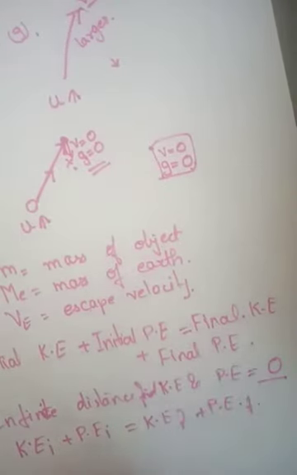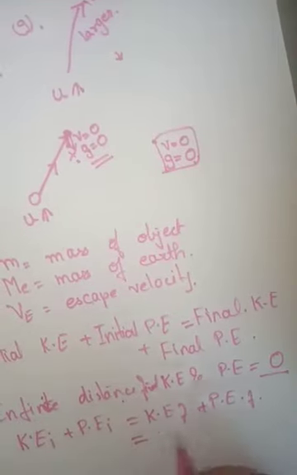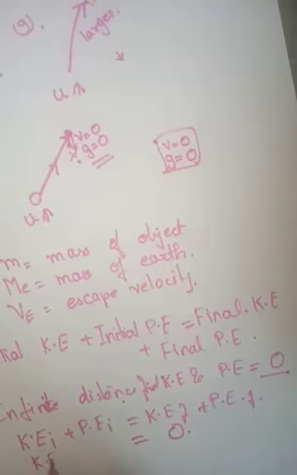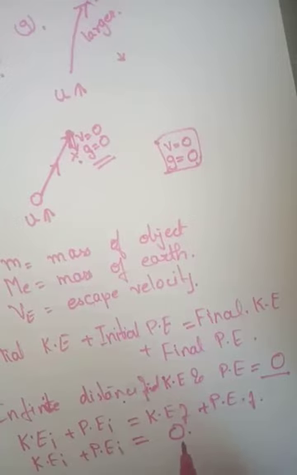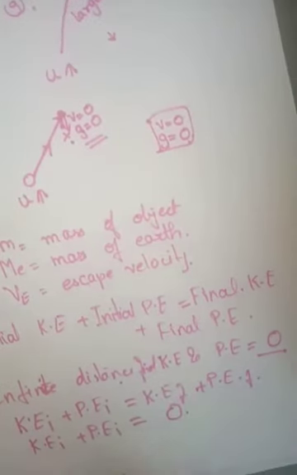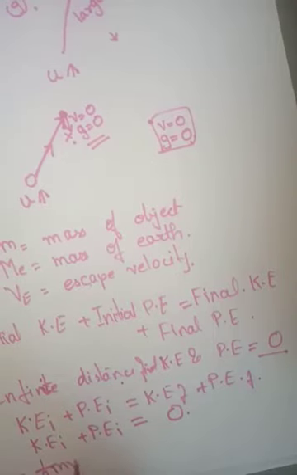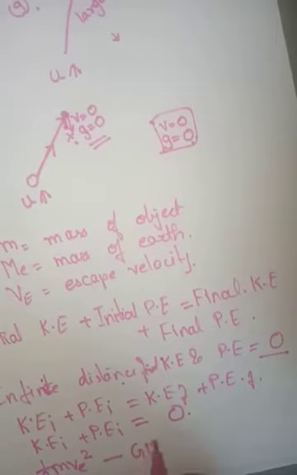And as we are talking about an infinite distance, this becomes 0. So the initial kinetic energy plus the initial potential energy is equal to 0. We know that kinetic energy is given as half m v squared and potential energy is given as minus G M m by r, and that sum is equal to 0.